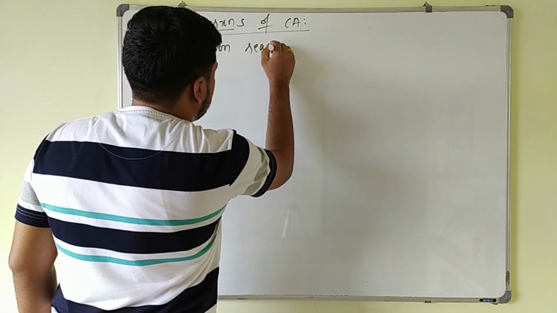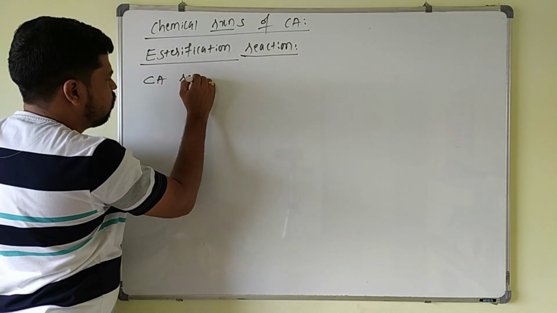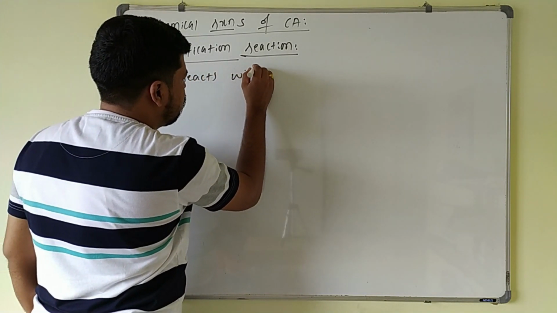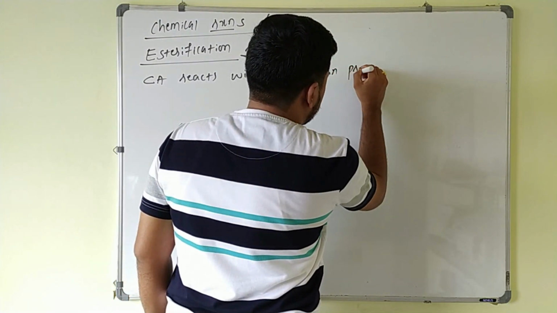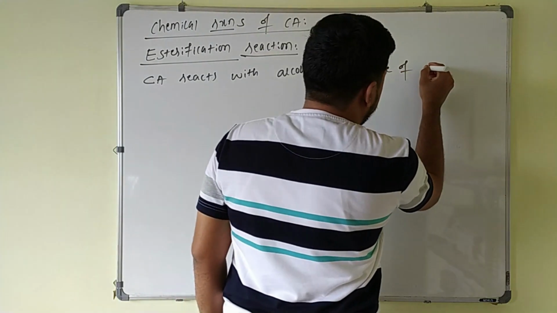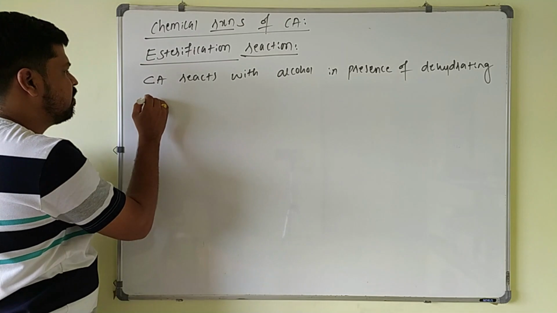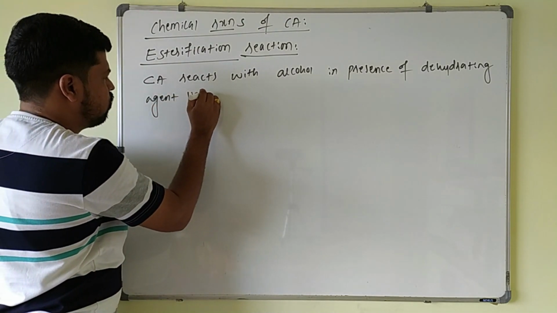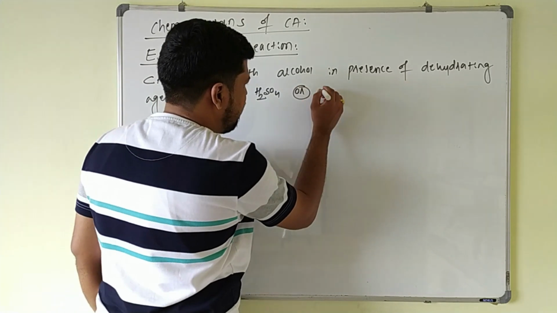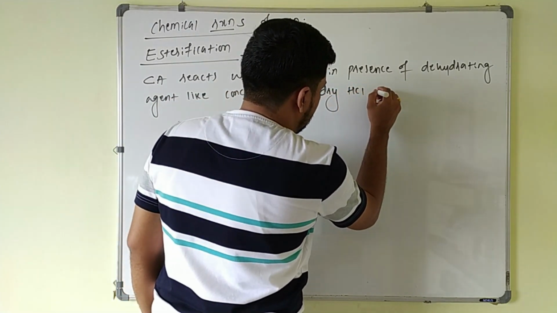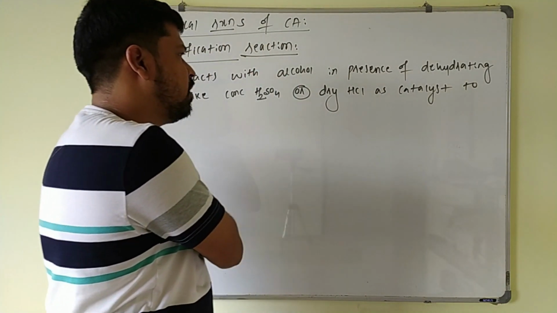So the next reaction is the esterification reaction. In this reaction, carboxylic acids react with alcohol in presence of a dehydrating agent like concentrated H2SO4 or dry HCl as catalyst to form esters.